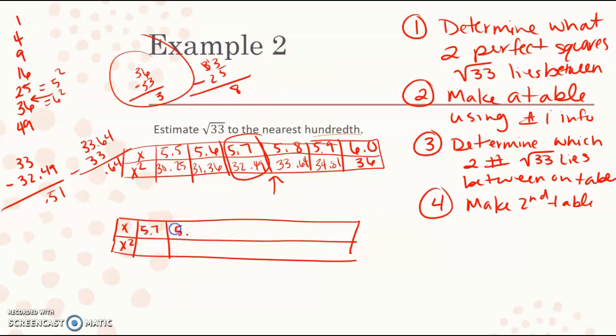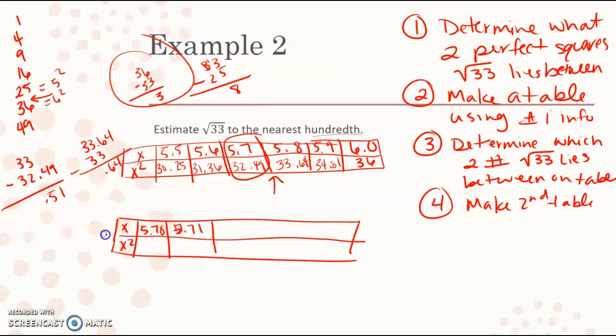And we'll go 5.8. Oops, wrong. Oh, I lost my perfect line. 5.70, and then 5.71.